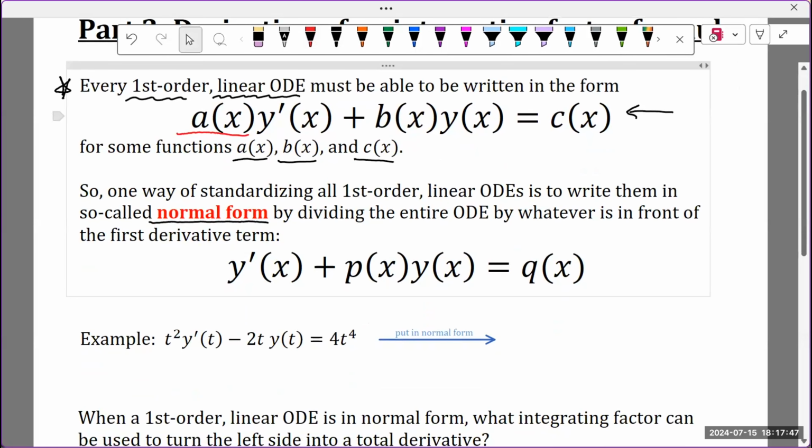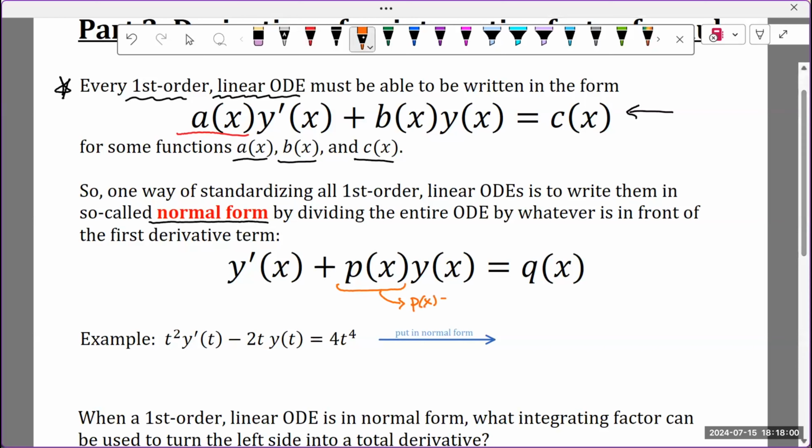So let's assume that a of x is not 0, in which case what we've got here is our new normalized function in front of y, that is now b over a of x. So p of x is our former b of x over a of x, and our right-hand side q of x is our former c of x over a of x. And of course, a of x should not be 0, otherwise we are dividing by 0.